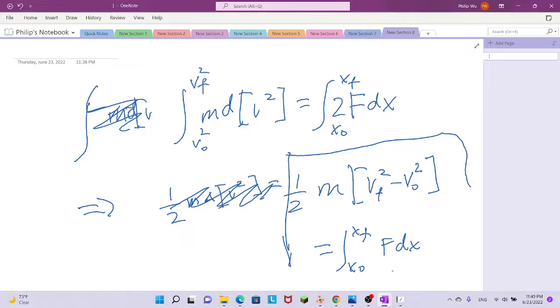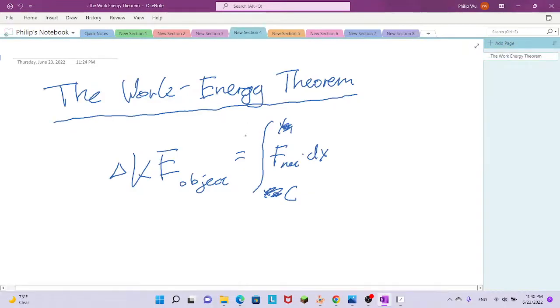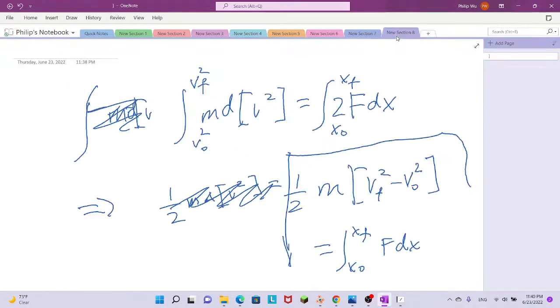So, what's the problem with this? Well, let's look back at our original statement of the work-energy theorem. I did not draw this out very clearly, but clearly there is a difference between how we combined the force and this displacement differential in the true statement, and how we do it here.